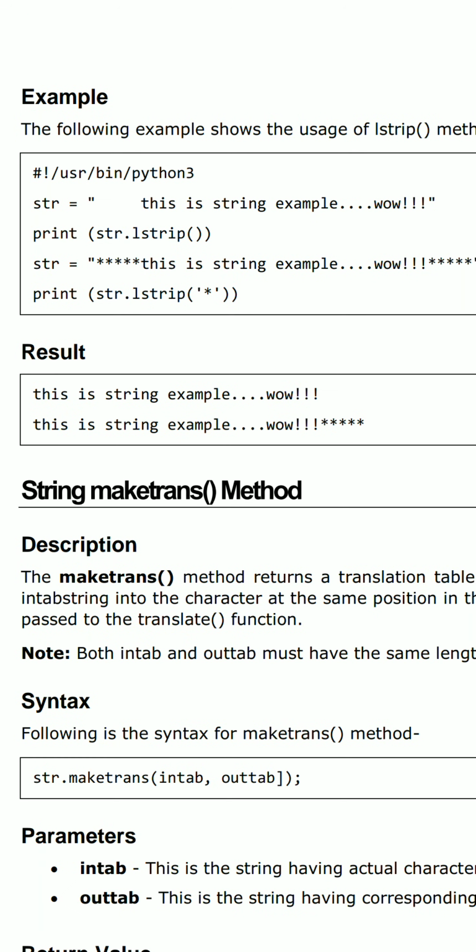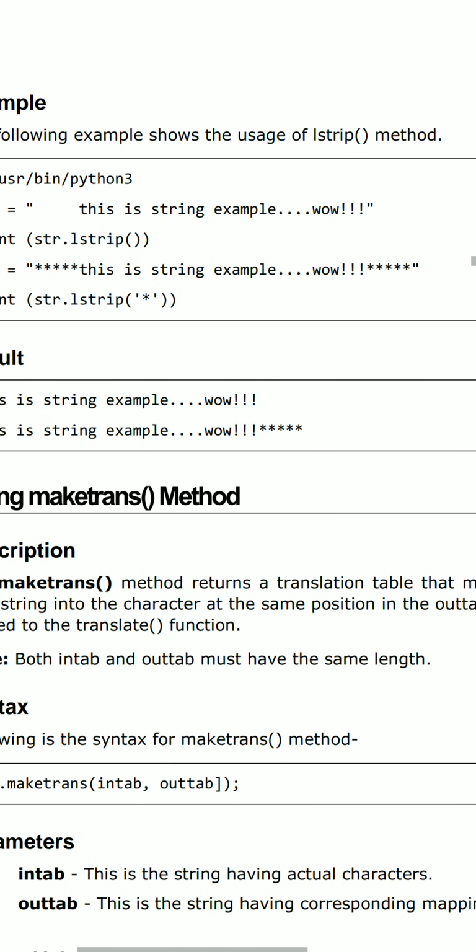It ignores the white spaces. Coming to the second print statement, some asterisks are there before the this. So after executing the lstrip method, it trimmed the asterisks and prints only from the word this, and the remaining asterisks are printed as they are after the end of the statement.